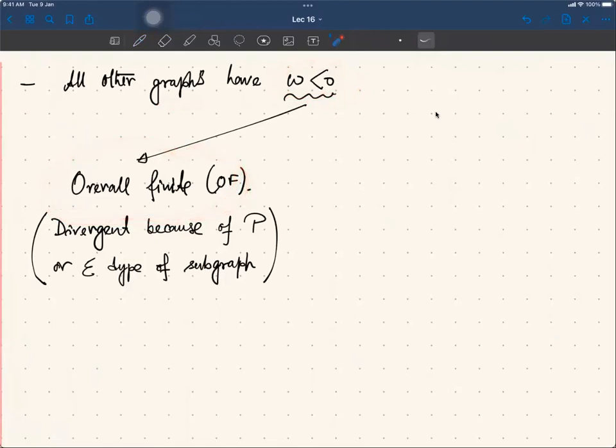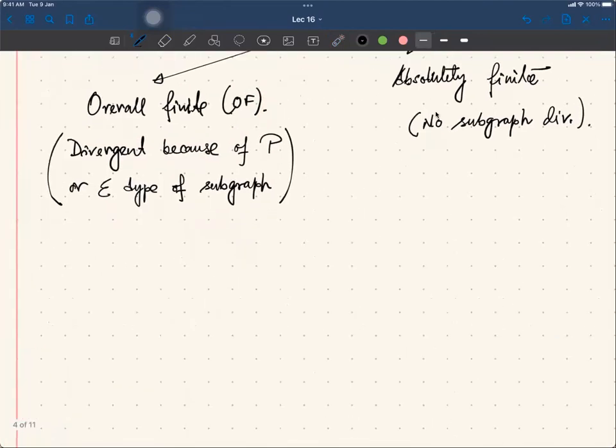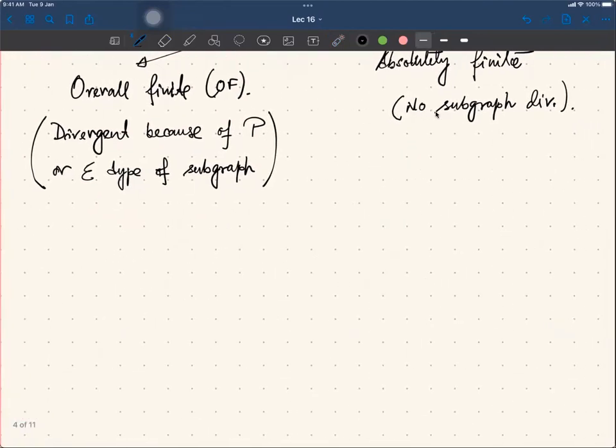They are divergent because there are subgraphs which are divergent, and as we just classified the divergent graphs, these are of P or E type. And the last category is absolutely finite. This means they have no subgraph divergence.